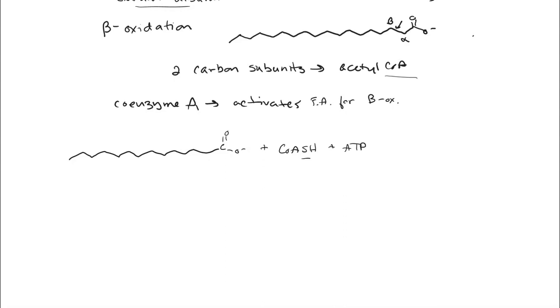And what happens, and note this is going to be listed as reversible because of the thermodynamics, we get our activation step as well as the production of AMP plus pyrophosphate.